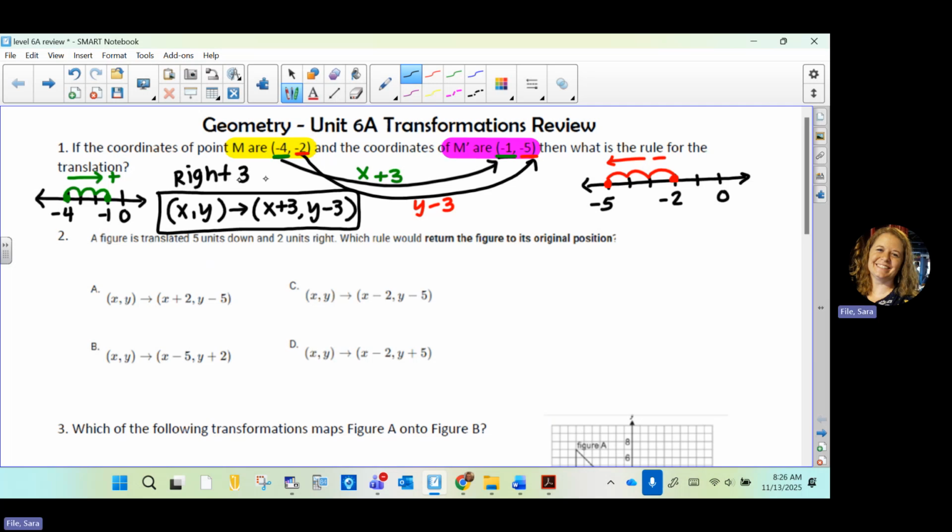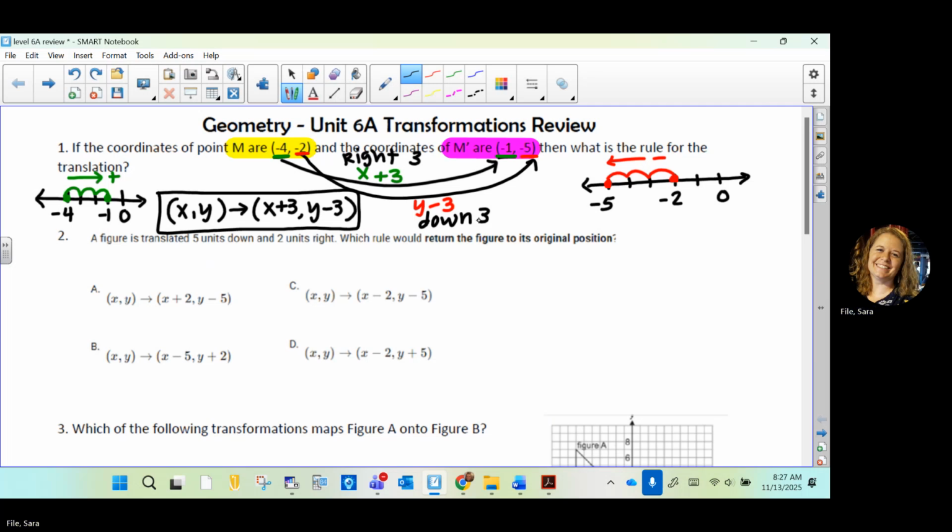Translation, right 3, down 3. Do you feel okay about that?